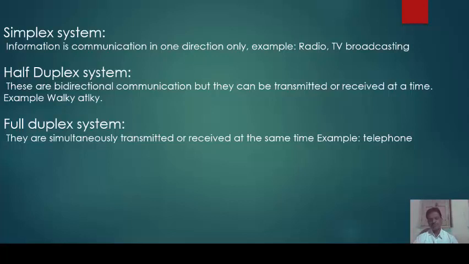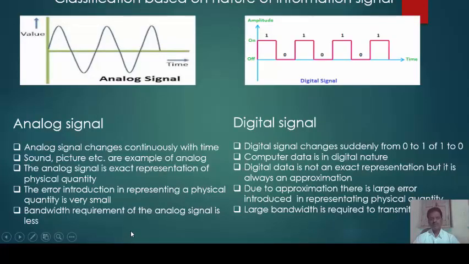Next, the classification of communication is based on the nature of information signals. In electronic communication, we use two types of signals, and according to them the communication is classified: analog and digital signals.